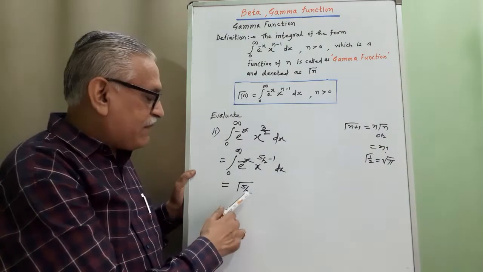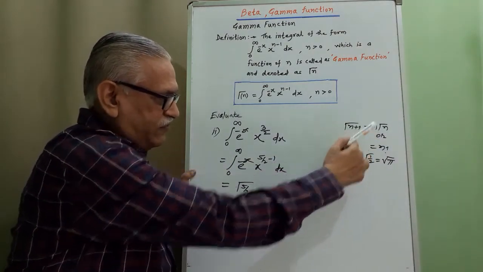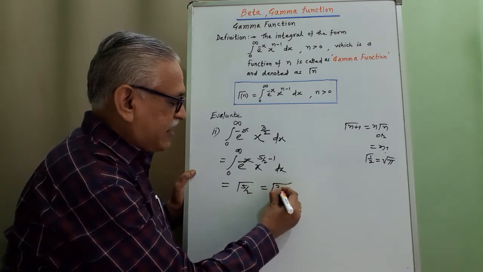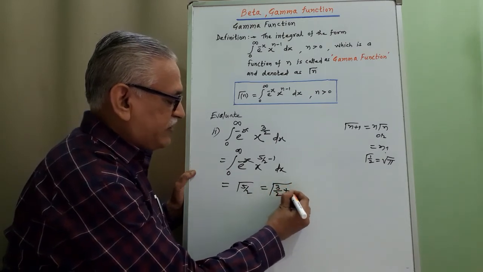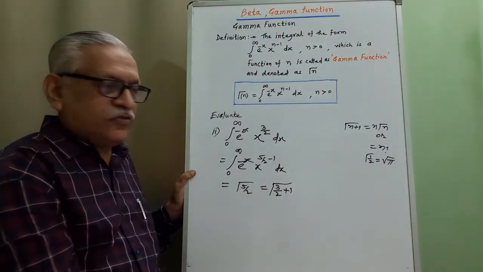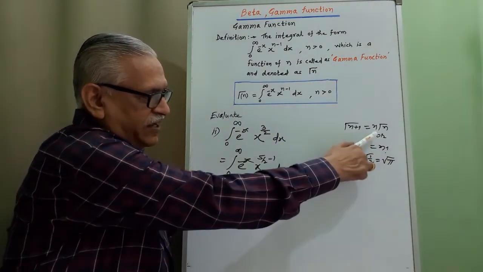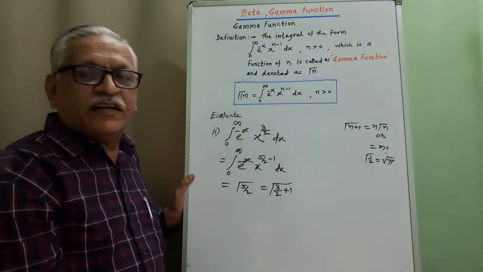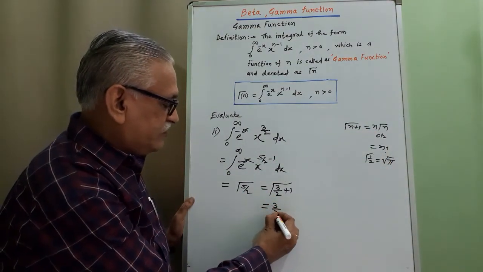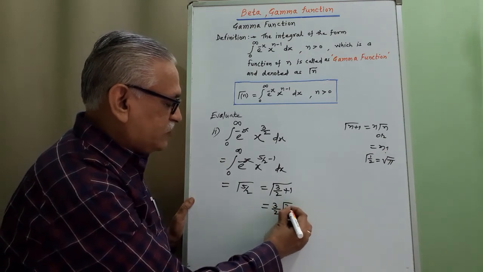And to find the value of Gamma 5 by 2, we write in the form of n plus 1. Next step, that 5 by 2 I will write as 3 by 2 plus 1. n is here 3 by 2, not a positive integer, and therefore we apply this n Gamma n property, and therefore it is 3 by 2 Gamma of 3 by 2.